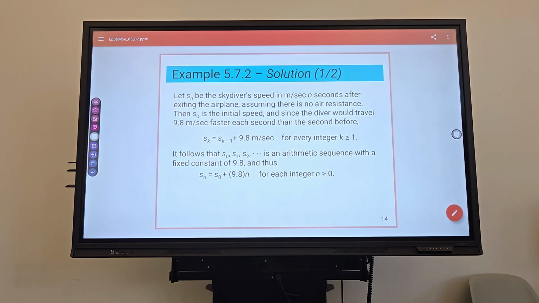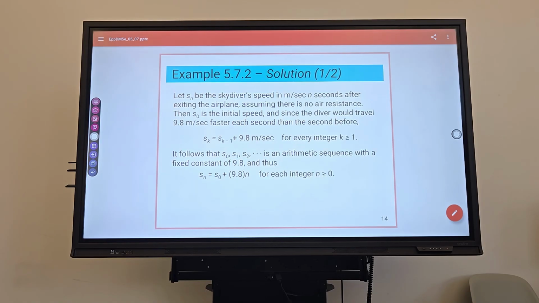Let S of n be the skydiver speed in meters per second n seconds after exiting the plane, assuming there's no air resistance. Very important about the air resistance.